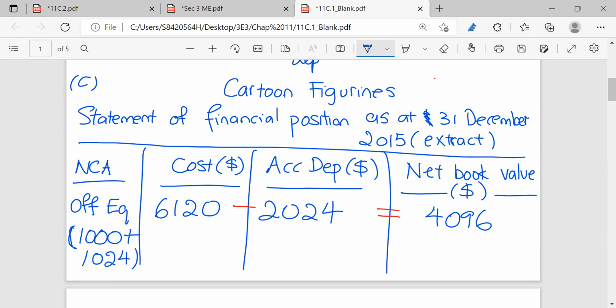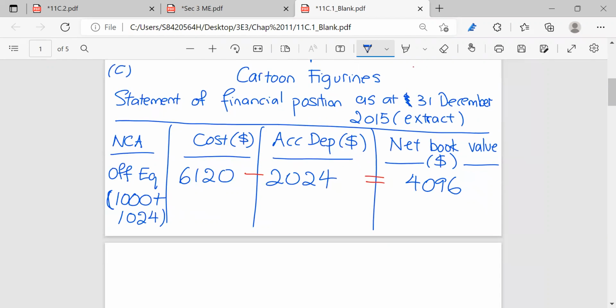For part D, when I was marking some of your previous work, I realized sometimes they ask you to state and explain the accounting theory, but some of you will just state the explanation of the accounting theory without stating the name of the accounting theory.